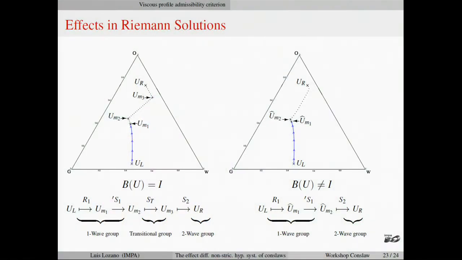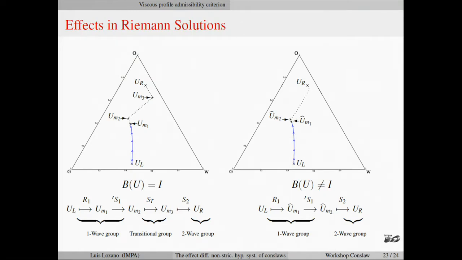Clear to the rarefactions are not considered the admissible shocks because it's a continuous solution only to the shocks. In this picture I studied the solution, the Riemann problem for the left state here and right state, the same points, left and right, in the pictures.